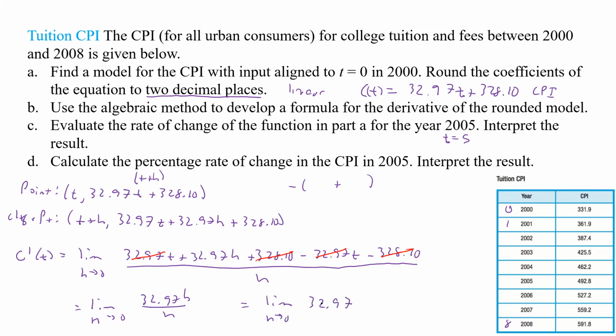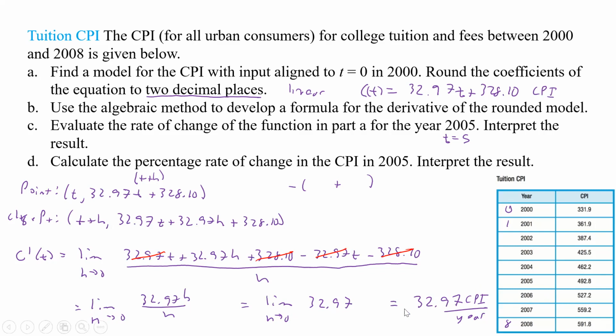Well, a limit of just a number, guess what? We just get 32.97 out, okay? And 32.97 what? Well, it's 32.97 CPI per year, okay? So your consumer price index per year. That's going to be our rate for a year, okay?